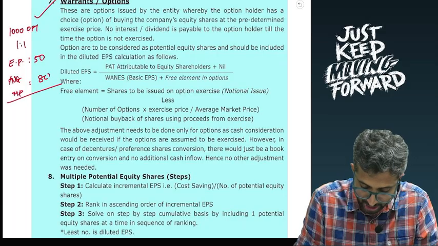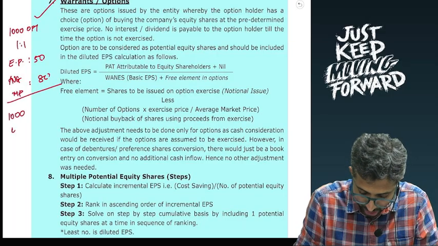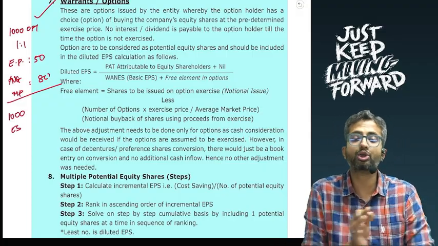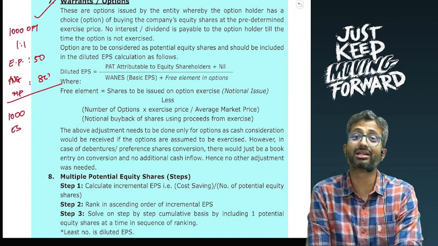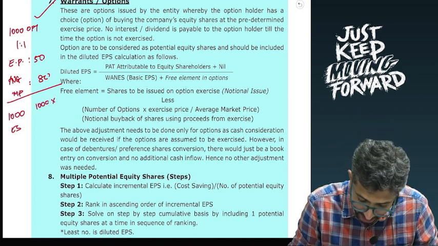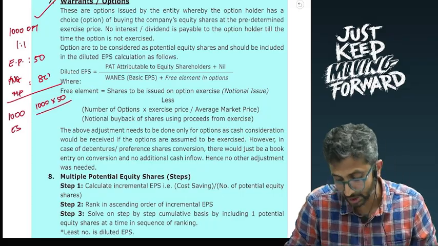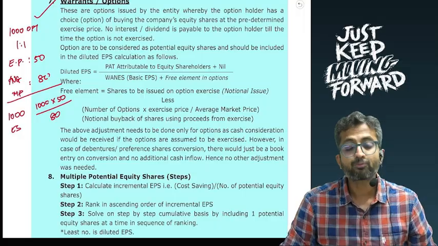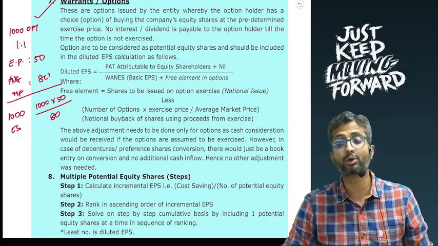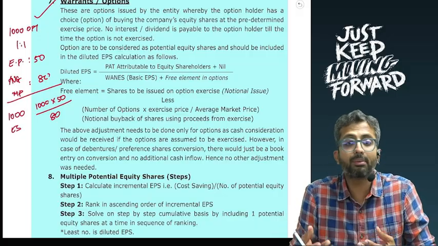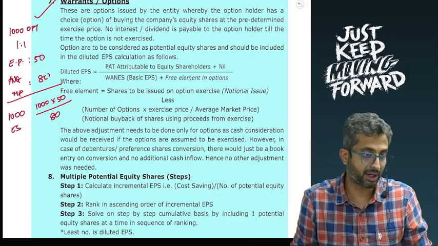So there are 1000 equity shares that I will actually issue if I assume that the options were converted or exercised at the start of the year. But at the same time, against this 1000, I will get 1000 into 50, that is 50,000 rupees, which I will use to buy back my equity shares at the rate of rupees 80, the prevailing market price, that is 50,000 by 80. I will buy back 625 shares.